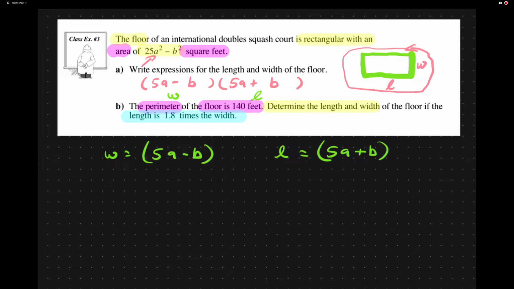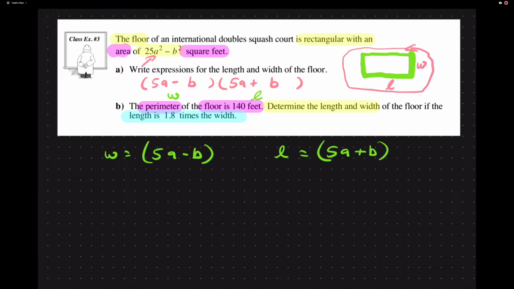So in order to solve for this width and this length, we need to have values of a and b, because we're trying to find a numerical value for the width and for the length. Let's start with the first bit of information, which is that the perimeter is 140.